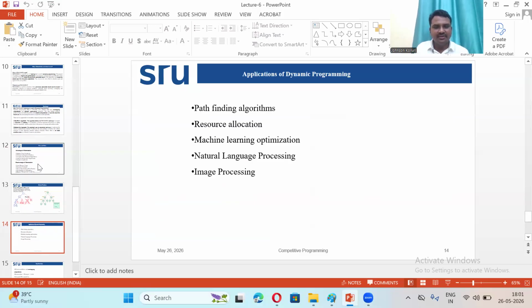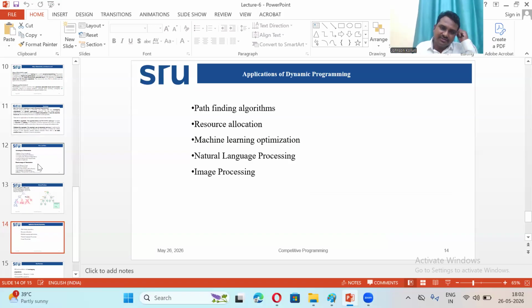Pathfinding, finding the path from source to destination, resource allocation, machine learning optimization problems, natural language processing, and text and image processing. These are the main applications of dynamic programming.